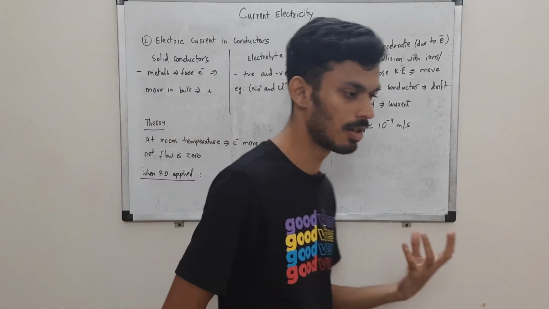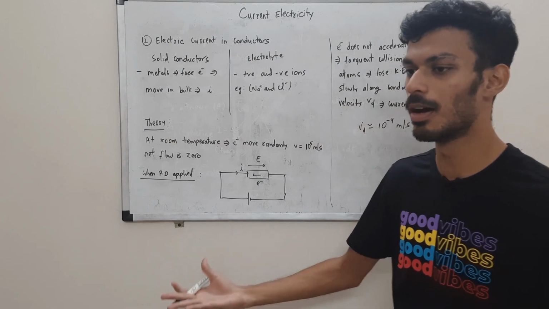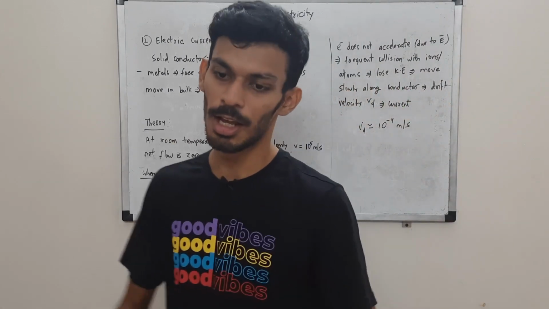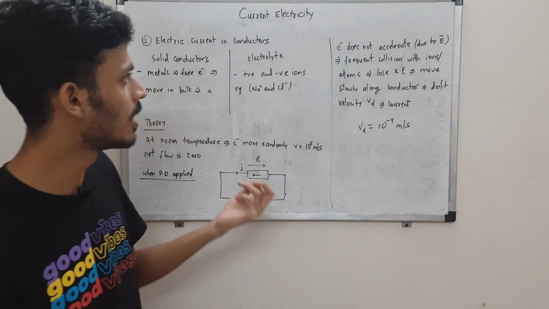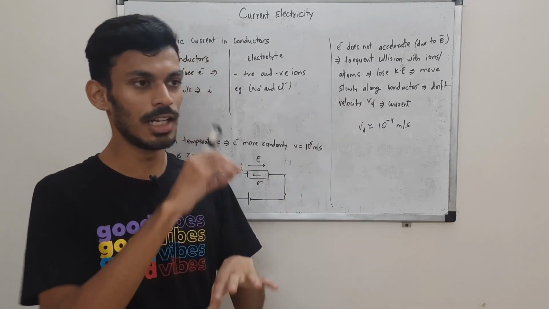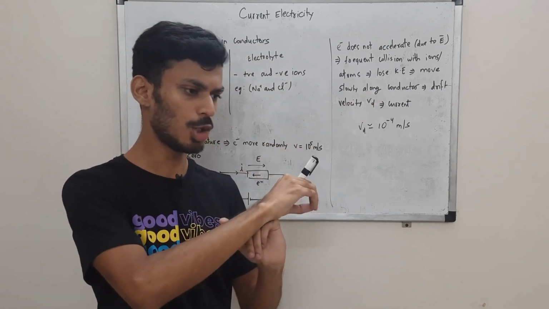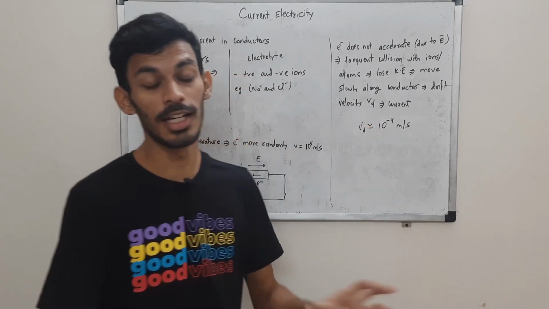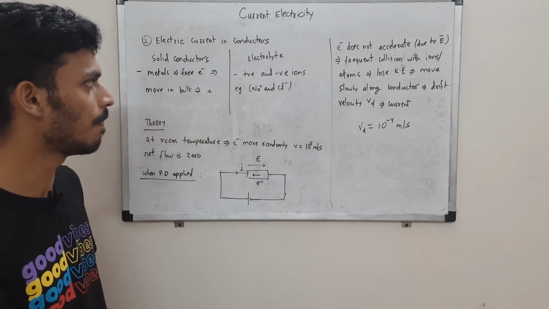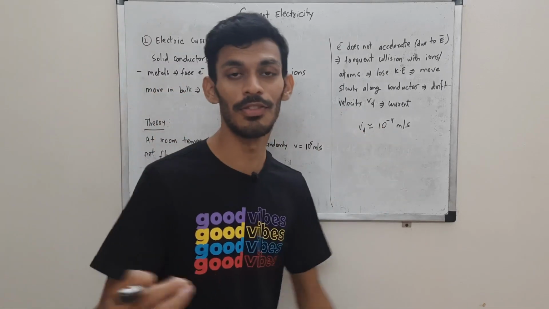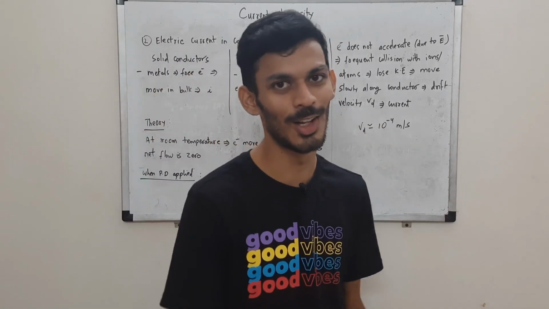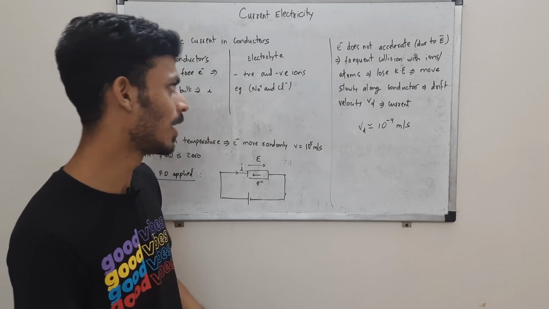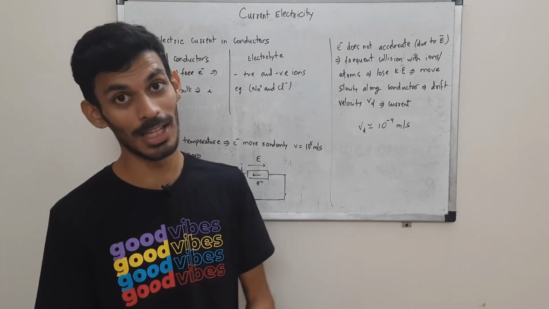So these electrons will not be accelerated, they will lose their kinetic energy to these atoms. Since they lose the kinetic energy, they tend to move slowly and steadily in the direction opposite to the electric field. So this constitutes a drift velocity, a somewhat constant velocity with which the electrons are flowing, and this is of the order 10 to the power minus 4.